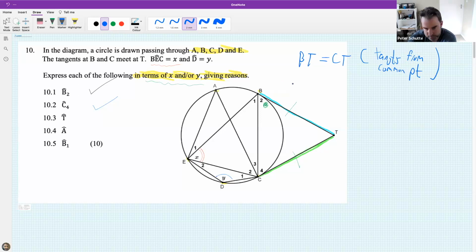What we now know, I suppose we could say that this one over here is going to be equal there. But what we want to do is connect it to this X over here. How do we connect C4 to the X over here so that we can write B2 in terms of something?